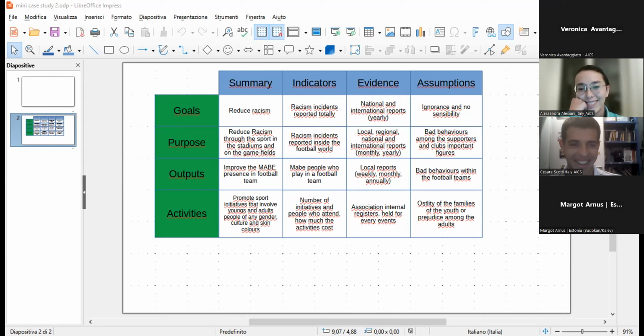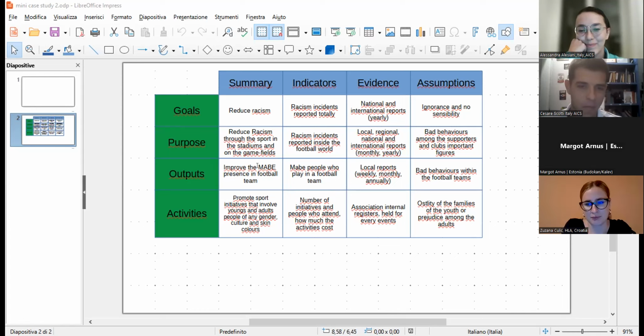Okay. Then at the output level, I put improve the MABI in English present in football teams, which are, I don't remember, but like not European, Asians, Africans, if I remember.